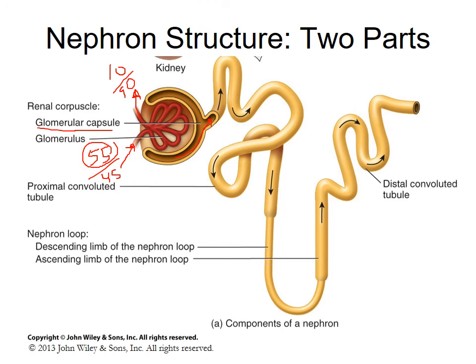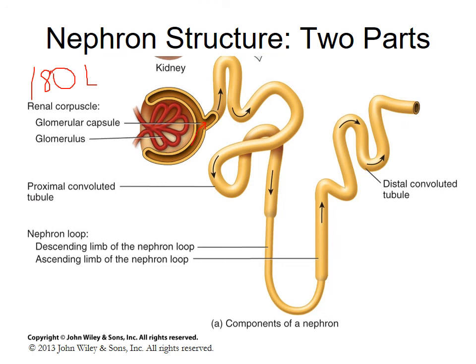Really thick, very concentrated fluid. And this is going to be a key in how the renal tubule helps absorb and reabsorb things that have been filtered. There's going to be, on average, 180 liters of fluid that gets pulled out and filtered through this.